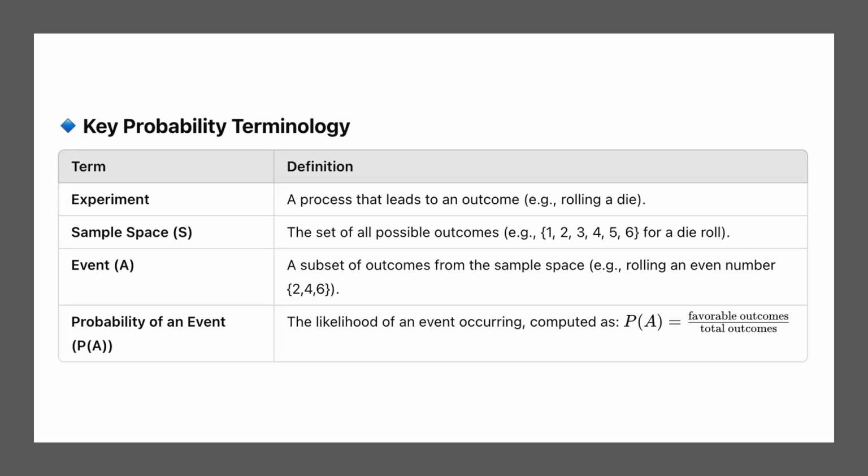An event is a subset of your possible outcomes, or of the sample space. Probability of an event is the likelihood of the event occurring. And how do we calculate the probability of an event? P of A is the number of favorable outcomes divided by the total number of outcomes.